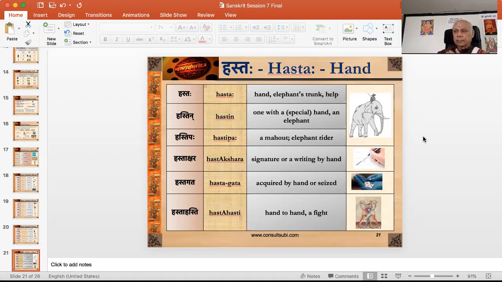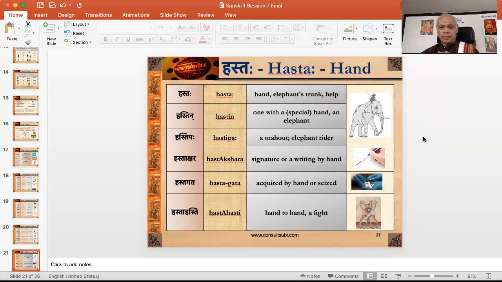Hastagata means acquired by hand, or it is seized by hand. Hastagata. Hastahasti. I think the word gusti comes from that. Looks like hastahasti means hand to hand, which means a fight, wrestling. Two people wrestling.